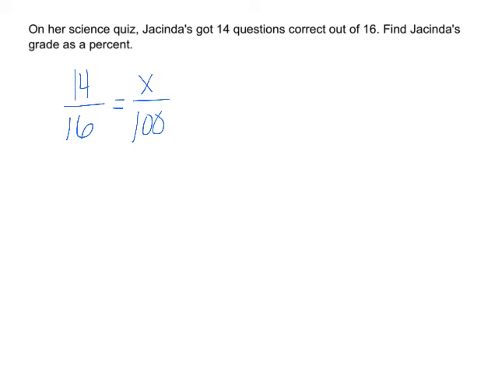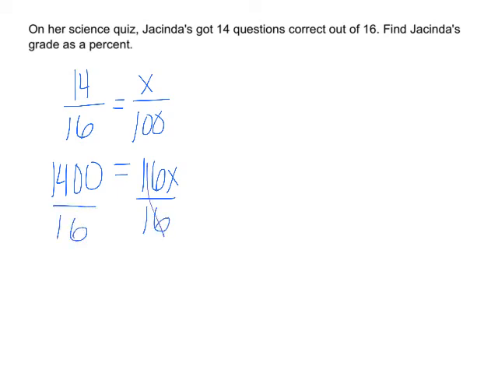So 14 times 100 gives me 1400 equals 16x. Then I divide 1400 by 16, because I have to divide both sides to get x by itself, and I'm going to get 87.5 equals x. So she got an 87.5% on her test.